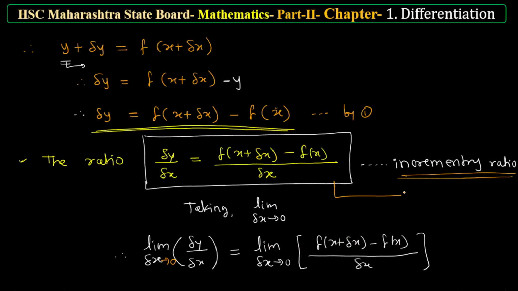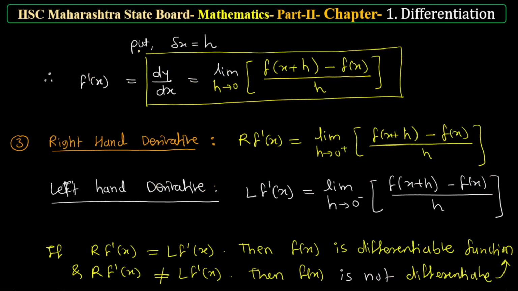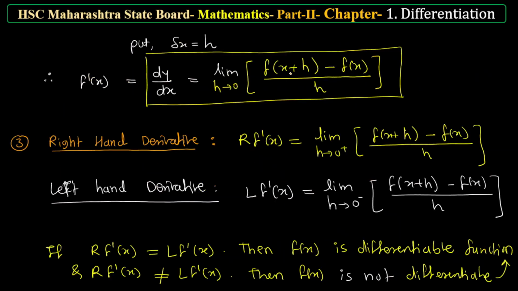Suppose here equation number 2, that is delta y upon delta x in terms of f of x, means here f of x plus delta x minus f of x divided by delta x, and now this formula is called as the first principle formula for finding the derivative. Suppose here put delta x is equal to h tends to 0, and here put h, here also h.